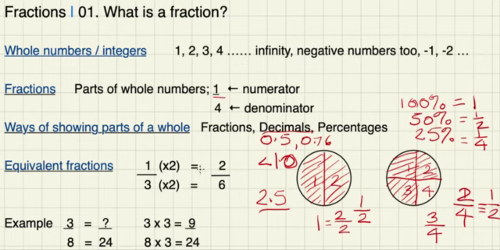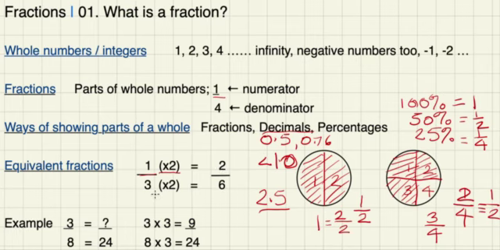So 1 times 2 is 2. And whatever we do to the numerator, we also have to do to the denominator. So we've got to multiply that by 2 as well. And 3 times 2 is 6. So 2 over 6 is the same as 1 over 3.